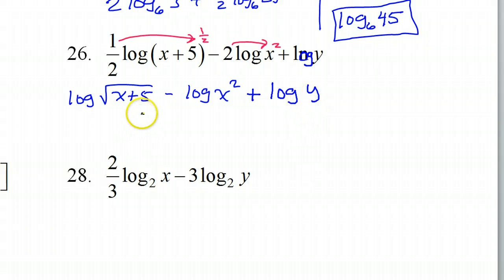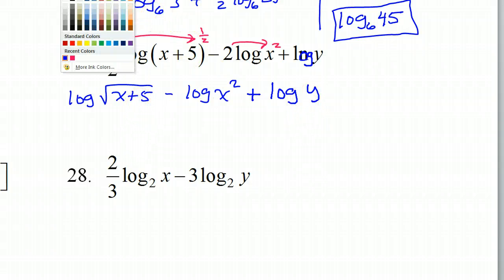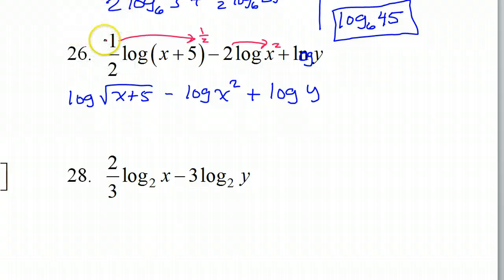Okay, so using the Allen method, everything that is positive is going to end up contributing a factor to the numerator. So that's this and this. Anything that's negative is going to contribute its factor to the denominator. So numerator, numerator, denominator.